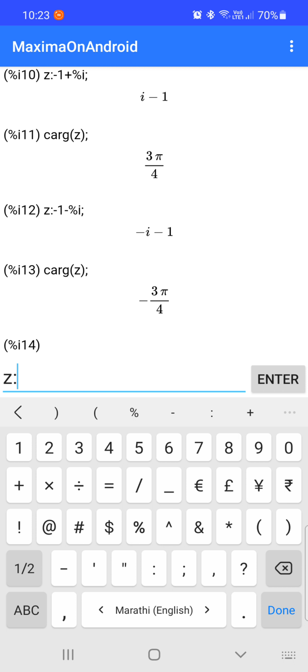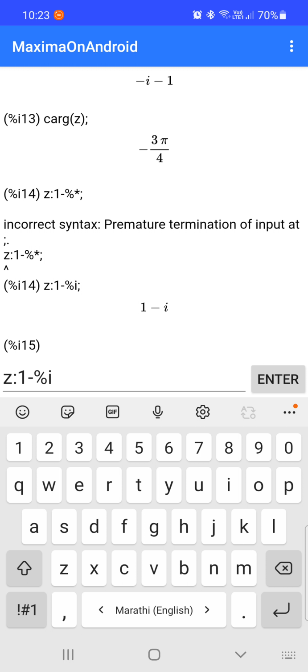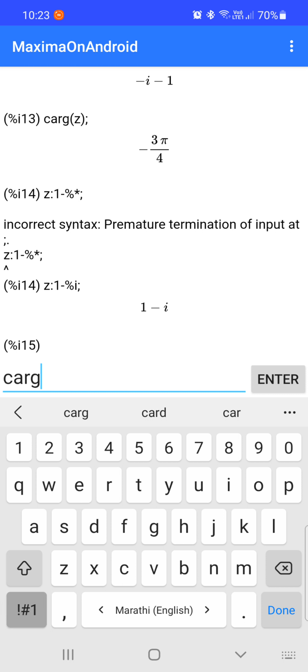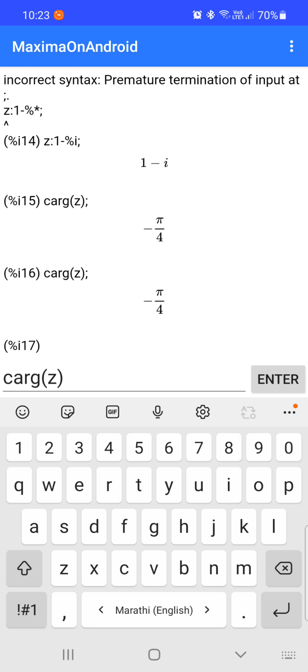And lastly, if we enter a complex number in the fourth quadrant, 1 minus %i, then its argument carg of z is equal to minus pi by 4.